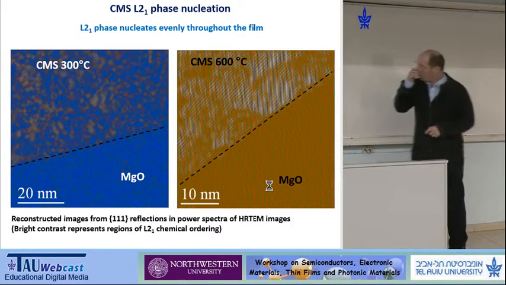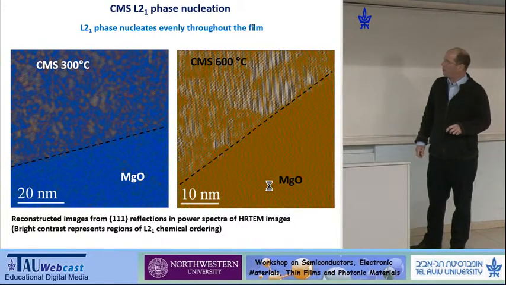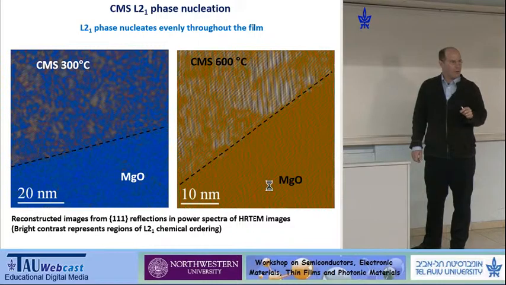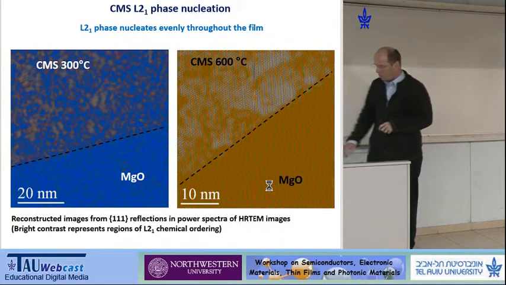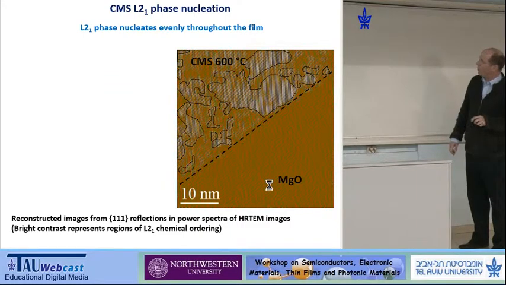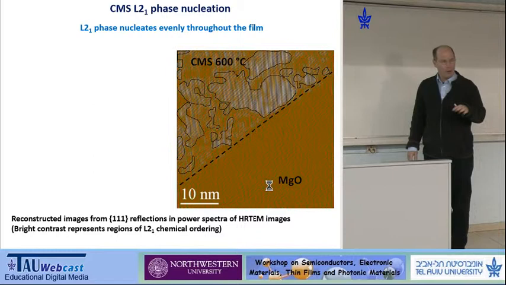We can also map this degree of ordering from phase contrast, high resolution TEM. We can filter out the 111 reflections, which are a signature of the L21 chemical ordering, locate their positions, and find that this phase nucleates homogeneously throughout the layer.